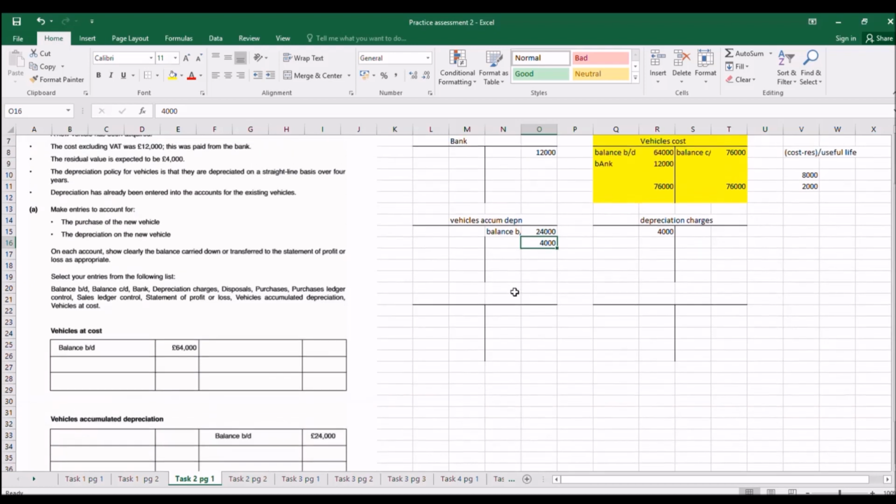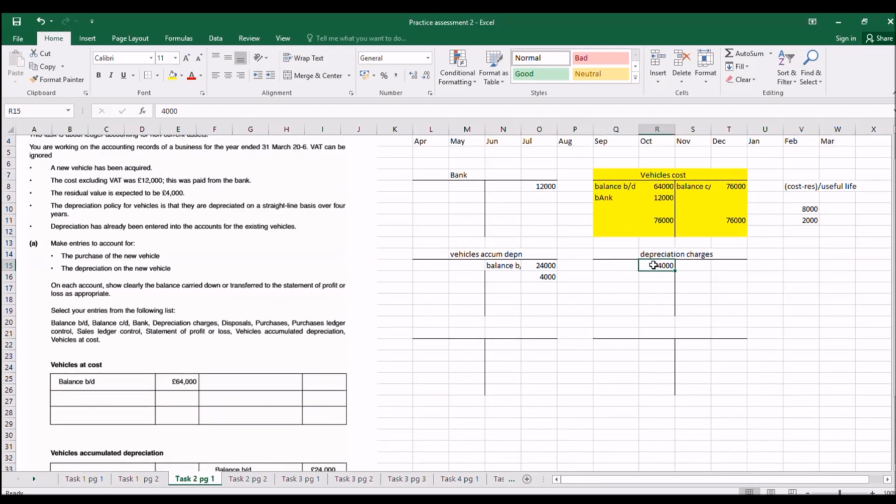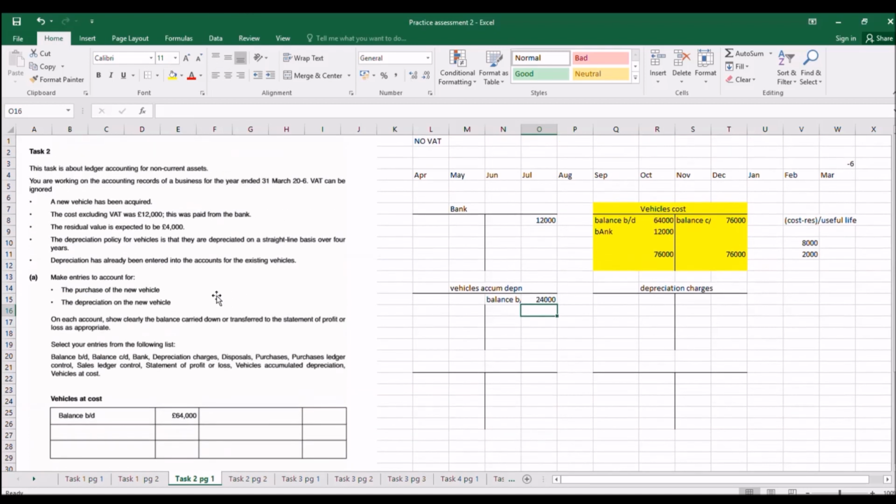The depreciation charge isn't going to be 4,000, it's going to be 2,000, isn't it? Let's just check whether we've been given another figure. Oh, depreciation has already been entered into the accounts for existing vehicles.